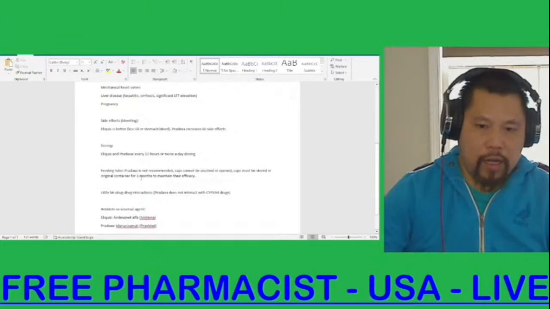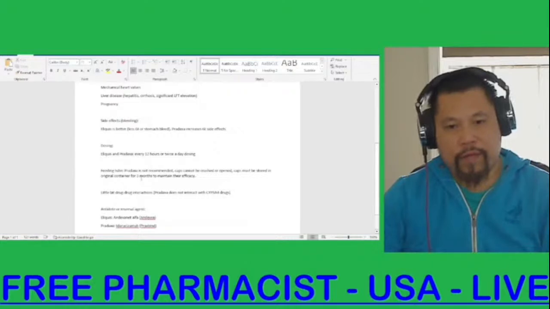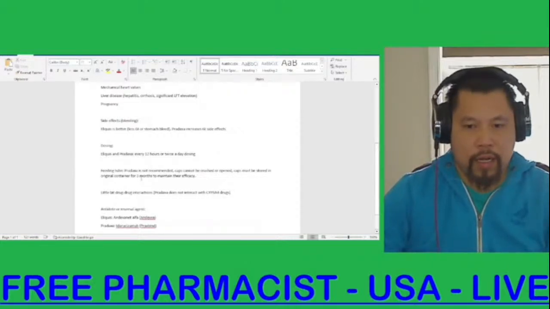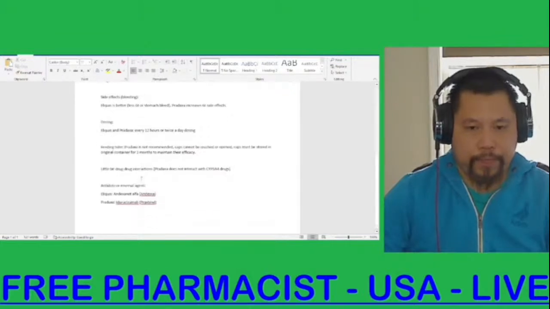Dosing, Eliquis and Pradaxa have similar dosing. They should be taken twice a day.